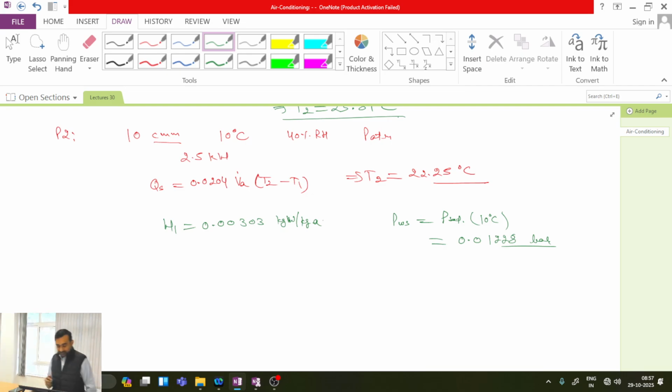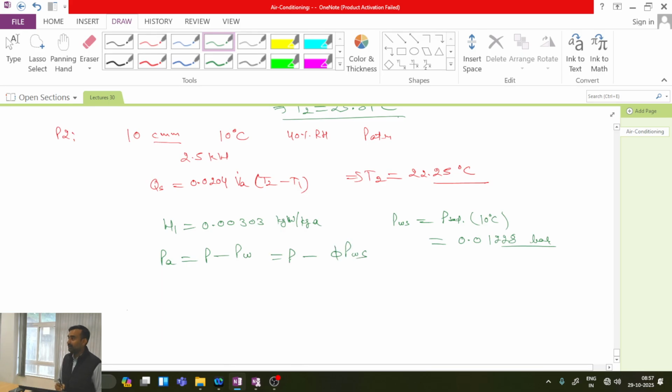Now, what will be air pressure? Air pressure will be P minus PW, which will be nothing but P minus phi into PWS.